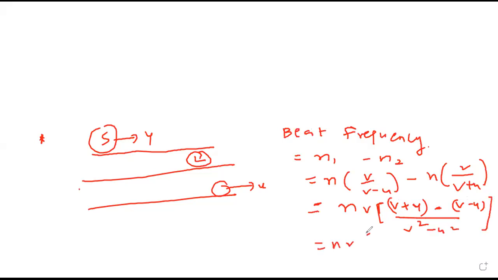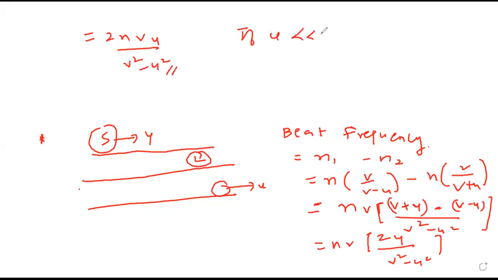That is NV, the V minus V cancels, 2U upon V square minus U square. So 2NVU upon V square minus U square is called the beat frequency.